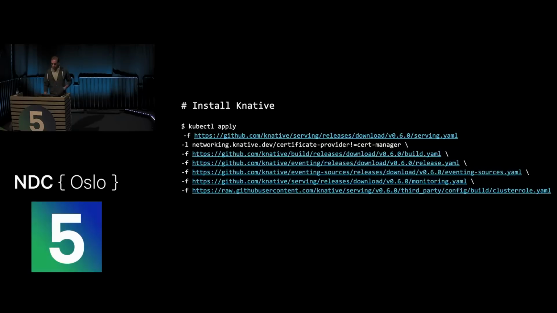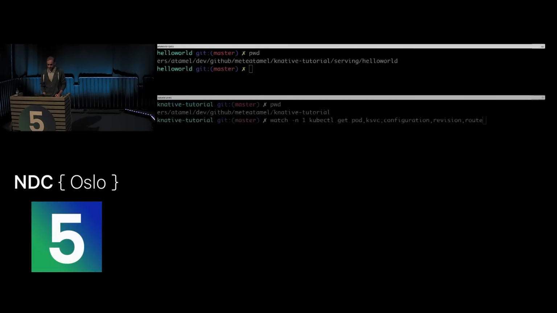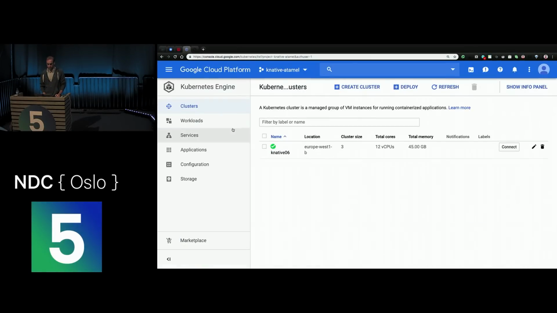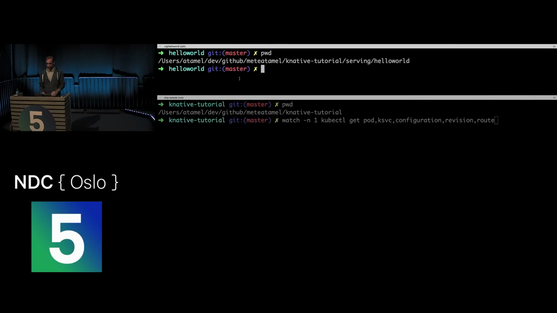So in the end, what you end up having is, let me show you my console. Here I'm in Google Cloud Console. I already created a GKE, Google Kubernetes Engine cluster. I already have Istio installed. I already have Knative installed as well. And just to make sure that things are working, I can go and say kubectl get pods. Everything gets installed under separate namespaces.